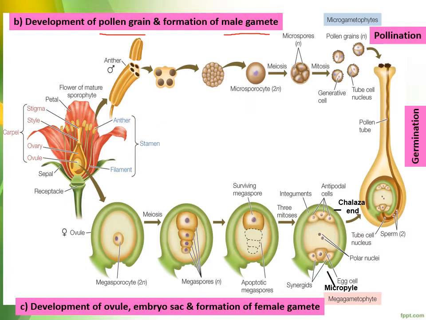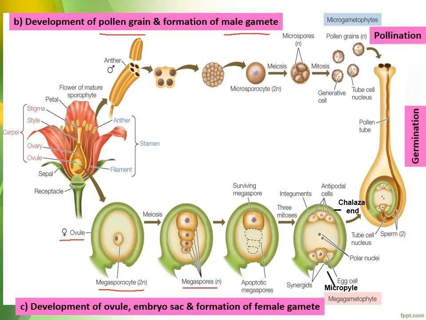Okay, let's look at the lower part of the diagram. So we have an ovule here, or the megasporangium. And inside the megasporangium, we have a diploid megasporocyte. So this diploid megasporocyte will undergo meiosis to produce 4 haploid megaspores.